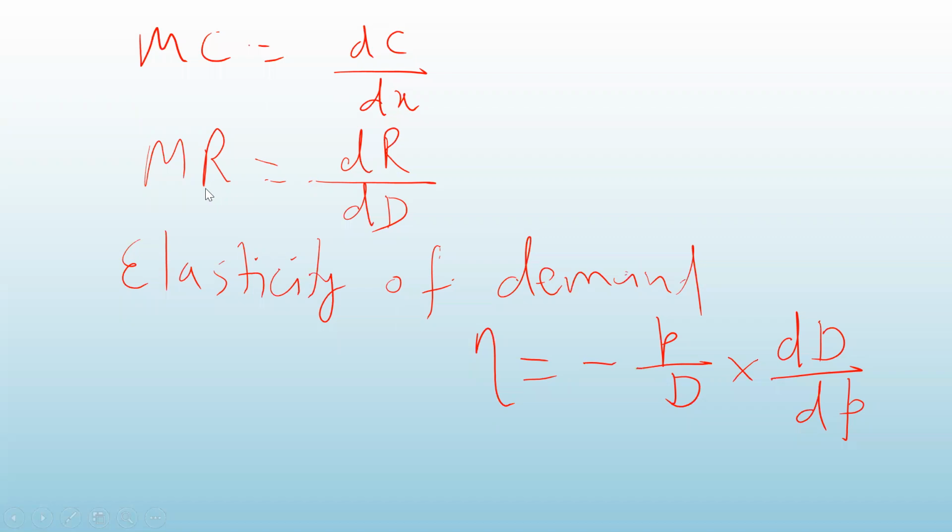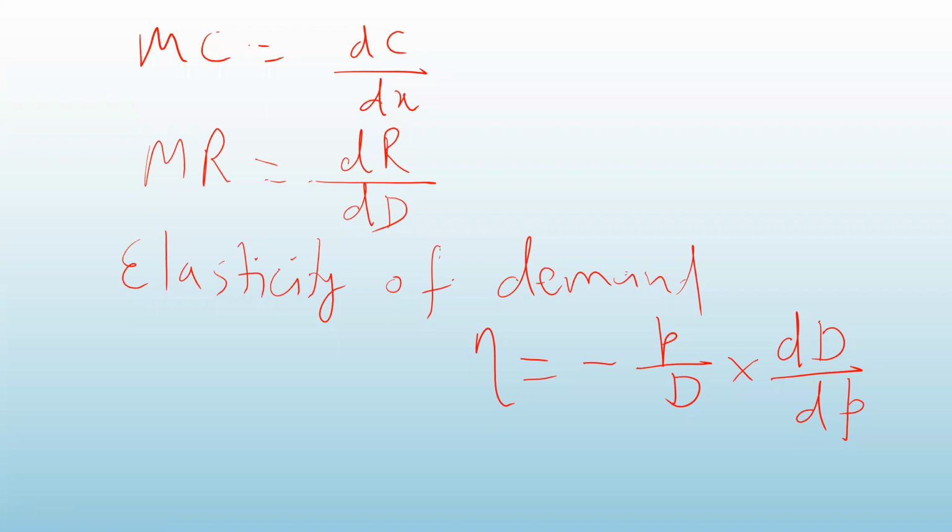And in terms of mathematics, that is nothing but derivative of revenue with respect to demand. So marginal revenue is derivative of revenue with respect to demand. And we have solved some problems in the last class where the revenue was given to you and we have to find out the marginal revenue at a given point.